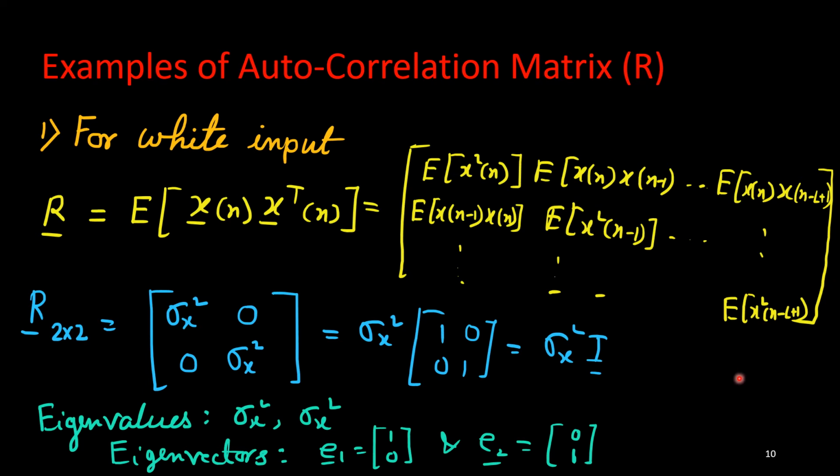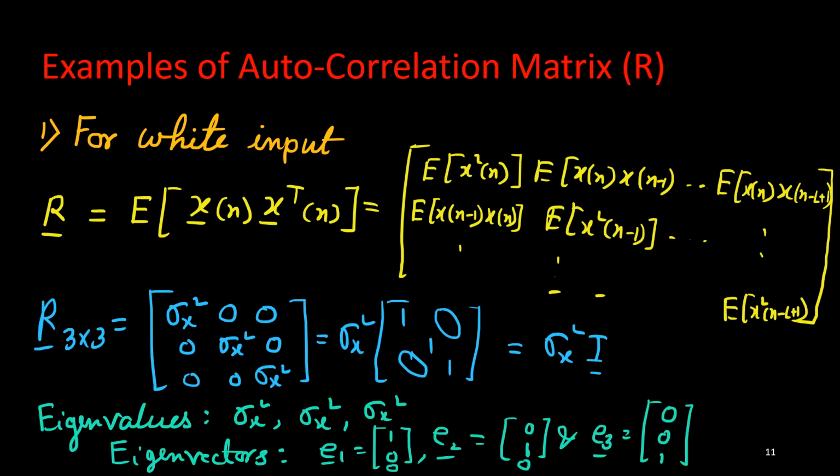Thus you will see that in adaptive signal processing, whenever we consider white input, it will be a little bit easier to analyze the adaptive algorithms. But this is not the same for correlated input. For 3 by 3, again, it's a simple extension.